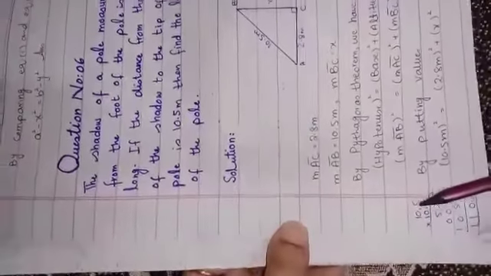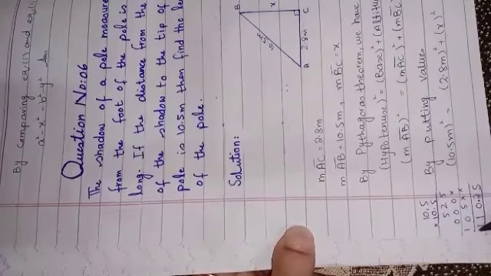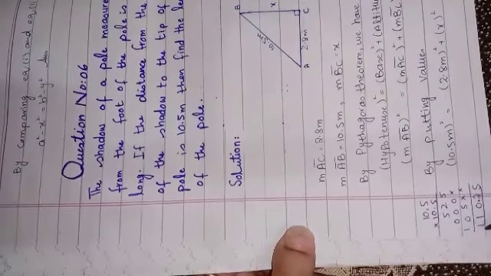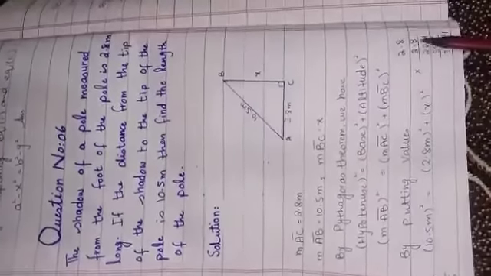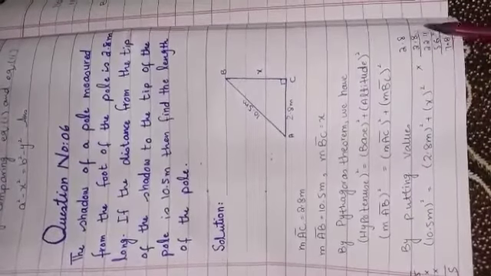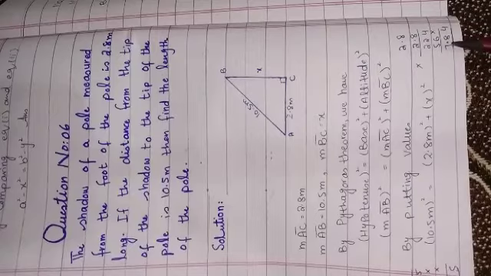Here is the working. 10.5 into 10.5, you all know the process of multiplication. We got answer 110.25. Here is 2.8 square. 2.8 into 2.8, we have 7.84.